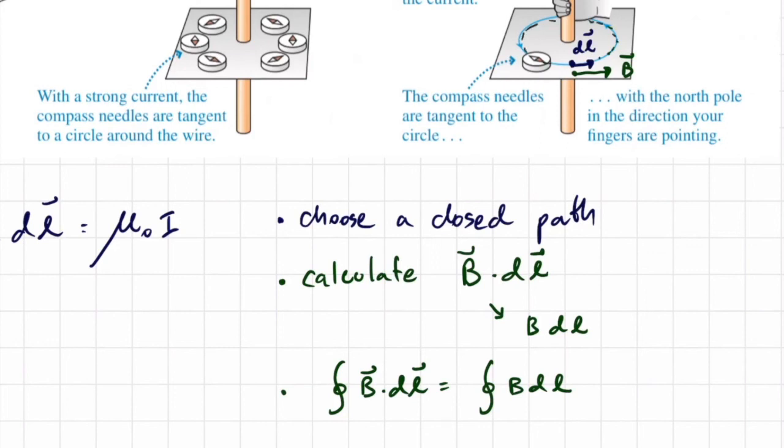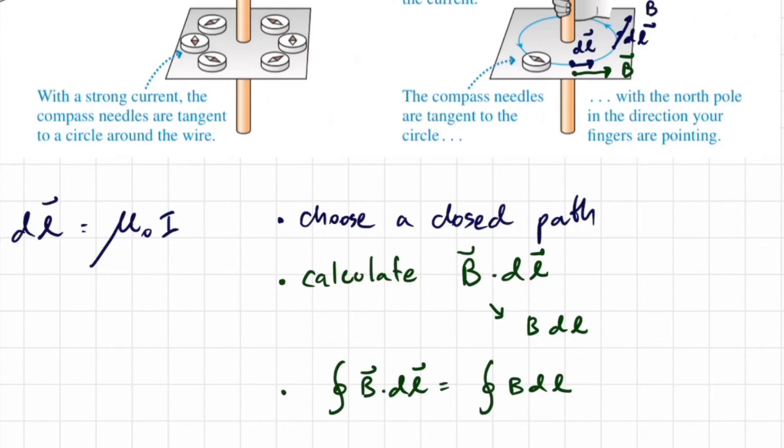As you go along the path, you have to write down dl. For example, if you walk to here, then dl is pointing that way, because we are walking along the circular path. And the magnetic field, so I should use blue here, also points that way.